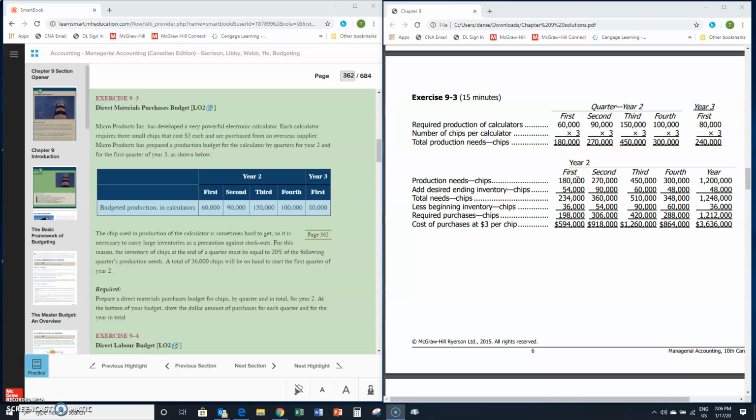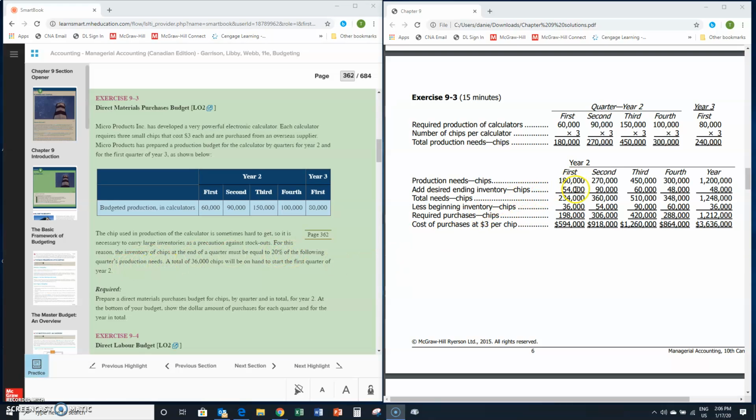Now, our purchases budget. We know we need 180,000 chips for the first quarter to meet our production. At the end of that quarter, we also want to have an amount in our ending inventory, because the part is sometimes hard to get, so they want to carry inventory against stockouts. The inventory they want is 20% of the following quarter's production needs.